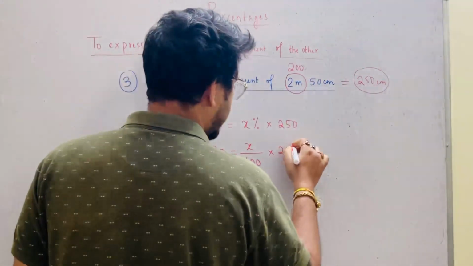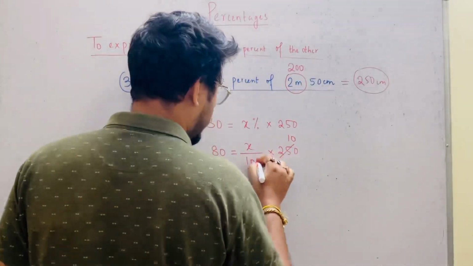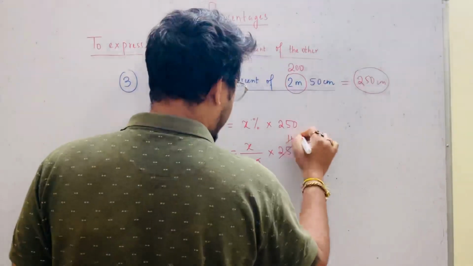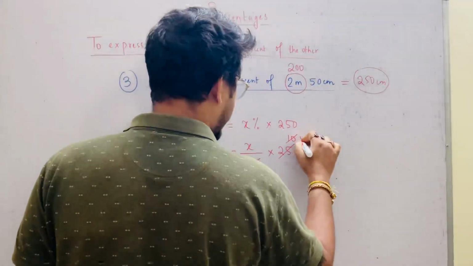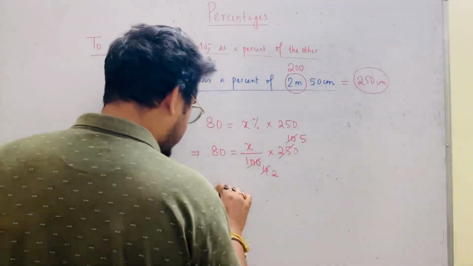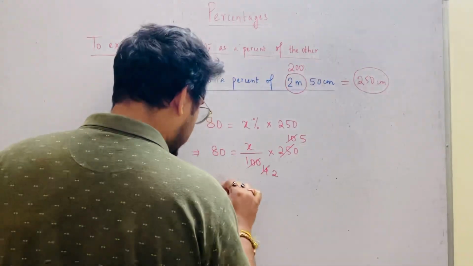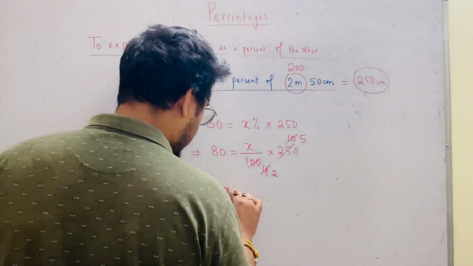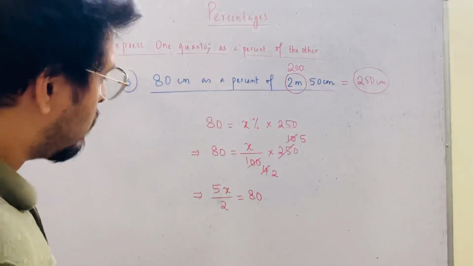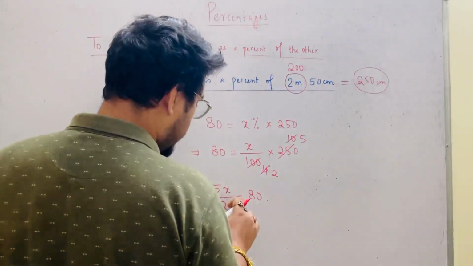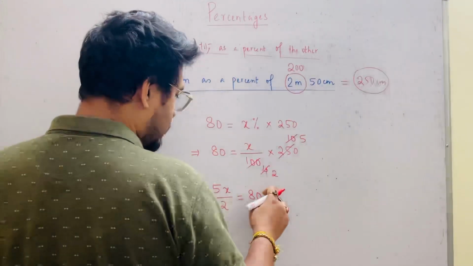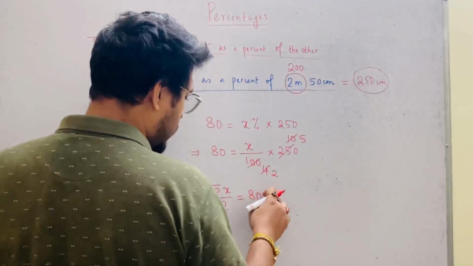So we can write this as 25 times 10, 25 times 4, and also 2 times 5, 2 times 2. So now we can write 5x divided by 2 is equal to 80. Now first we will get rid of the 2. Since 2 is divided, in order to take it to the other side it has to multiply.